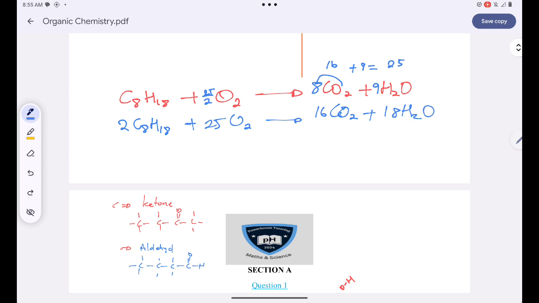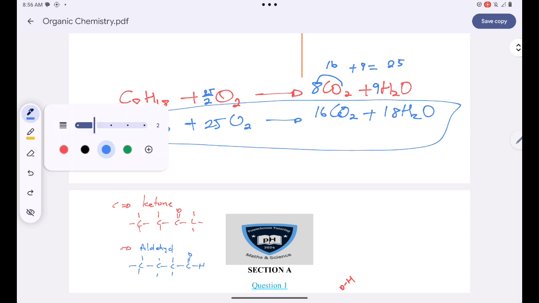Now let me check whether my reaction is balanced. I have 16 carbons, and 2 times 18 hydrogens, that's 36. I also have 36 over there. And then I have 50 oxygens: 32 plus 18, which is 50. So now everything is balanced.